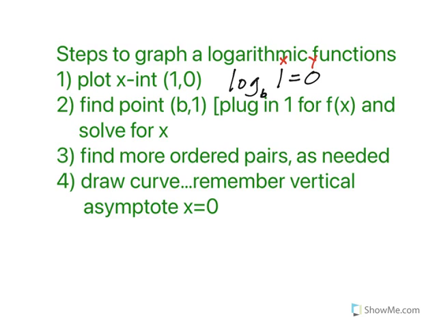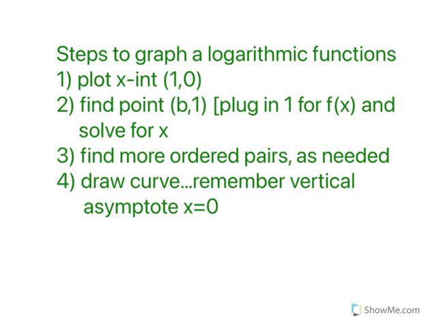If the input, the argument, is x, then the output is y. Thinking about input and output for graphing purposes, remember, b to the 0 equals 1, thinking about exponentials. So that's why it will always be (1, 0) for the x-intercept.